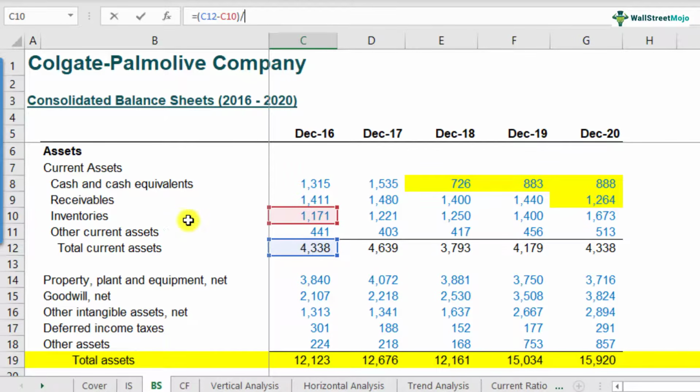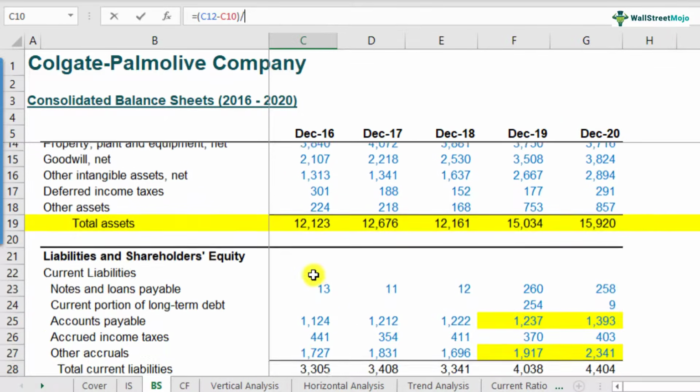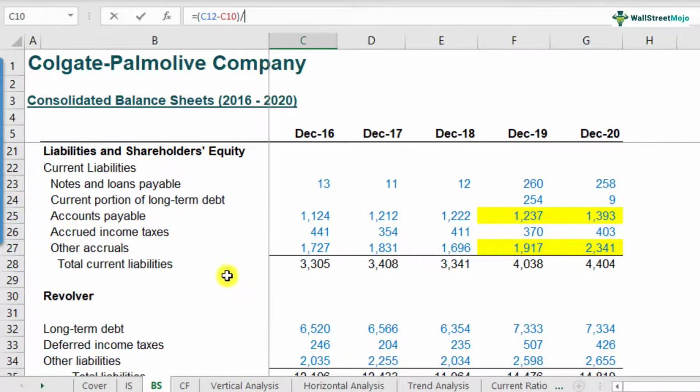That's what we discussed. So we have removed the inventory and we will divide it by current liabilities. The current liabilities here are lots of items: notes and loans payable, current portions of long-term debt, accounts payable, accrued income taxes, other accruals. So don't worry, you need to take the full amount. Okay, anyways, in this case, press enter.